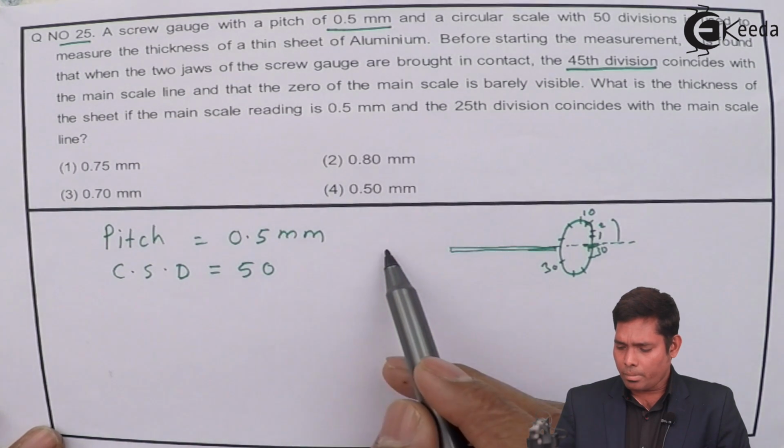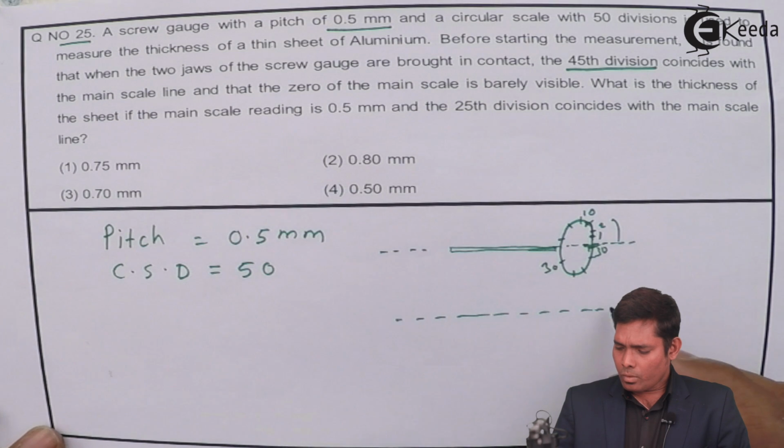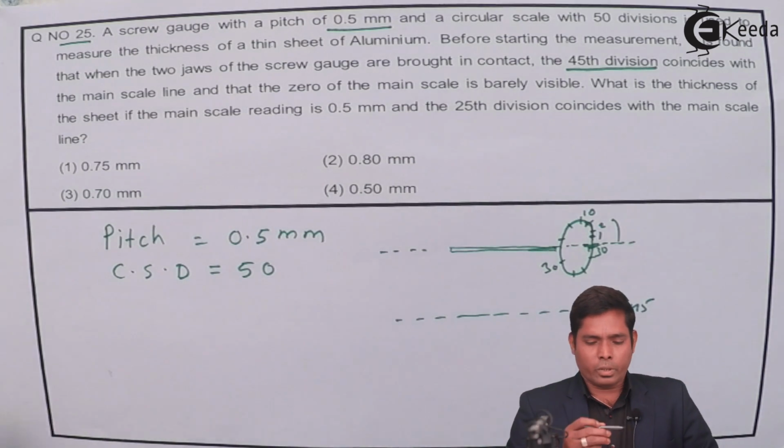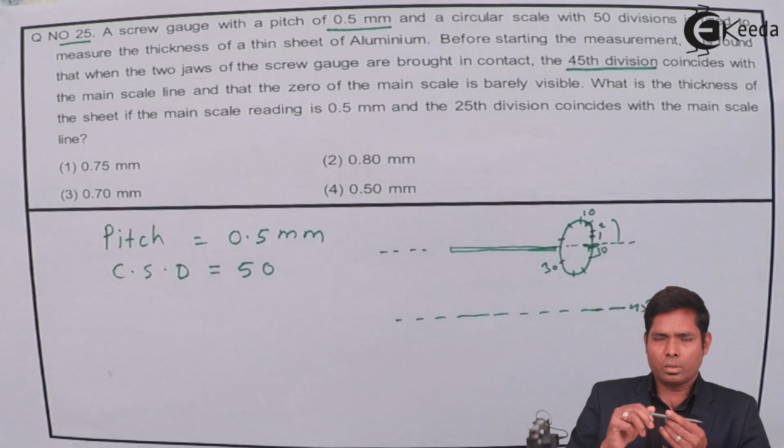If this is the main scale line, then it says the 45th division coincides with the line. So the circular scale reading is 45. When you rotate the screw, it goes 0, 1, 2, 3 and so on.